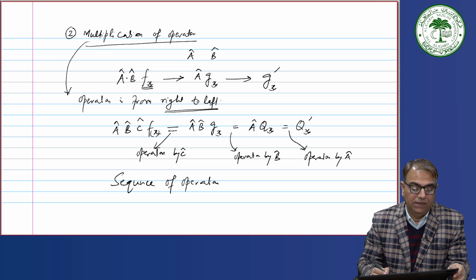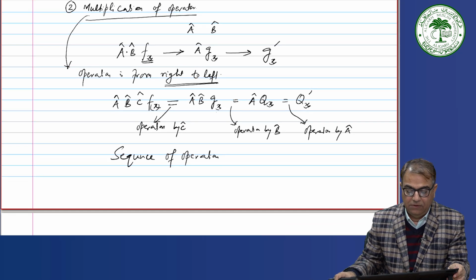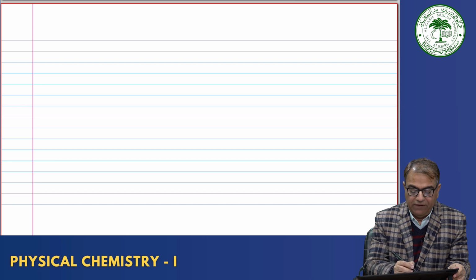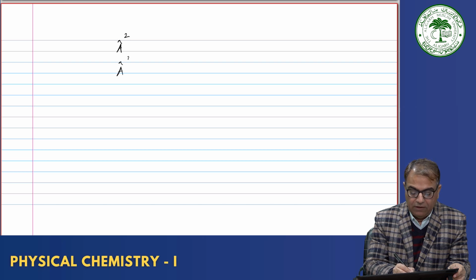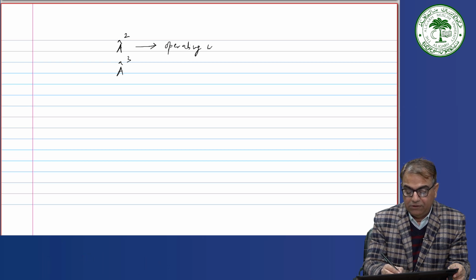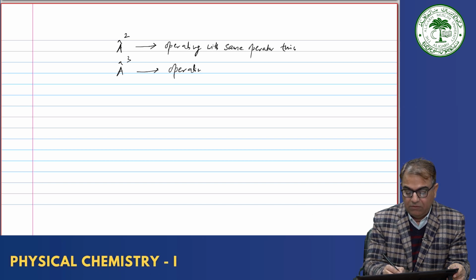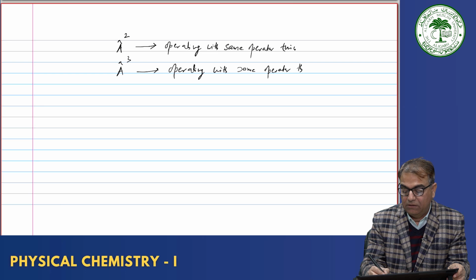If all are different, A, B and C, that is one case. If it is not so, means if you have A square or A cube, then it means operating with the same operator twice, operating with the same operator thrice, and so on.